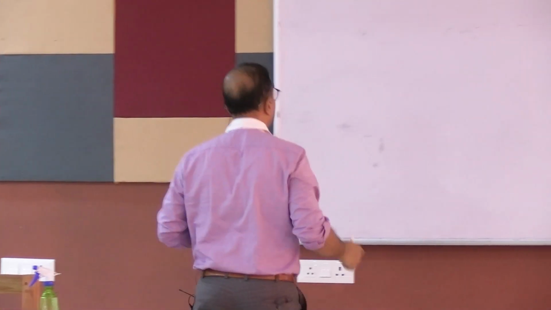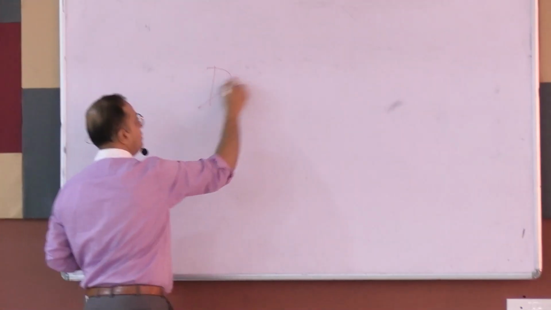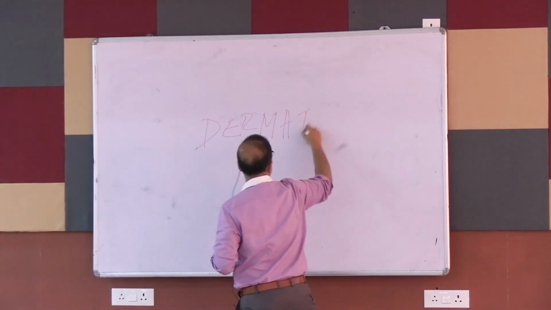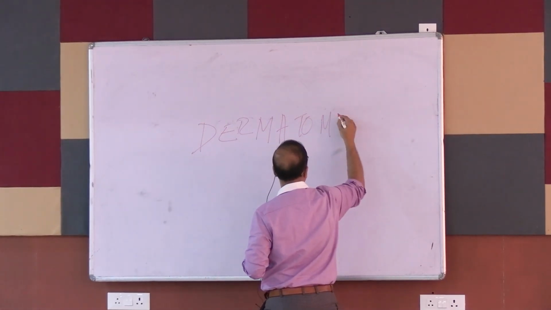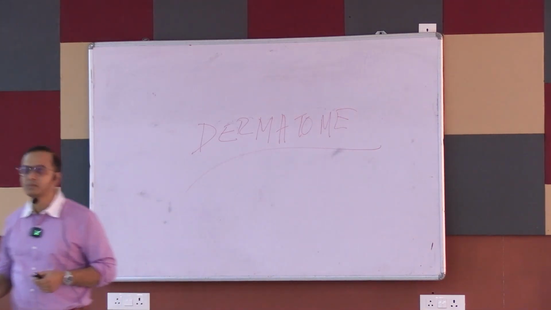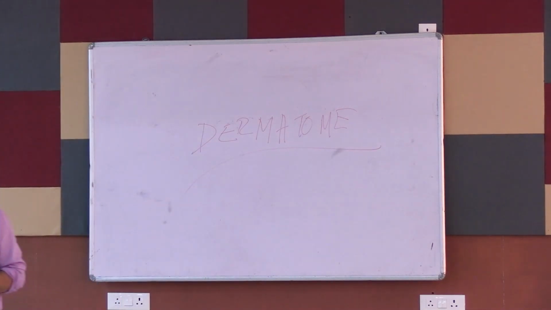As you graduate to higher classes, this dermatome pattern will matter again and again and will keep coming up. We call it the dermatome. This dermatome pattern helps us identify some diseases, or where a disease is coming from.